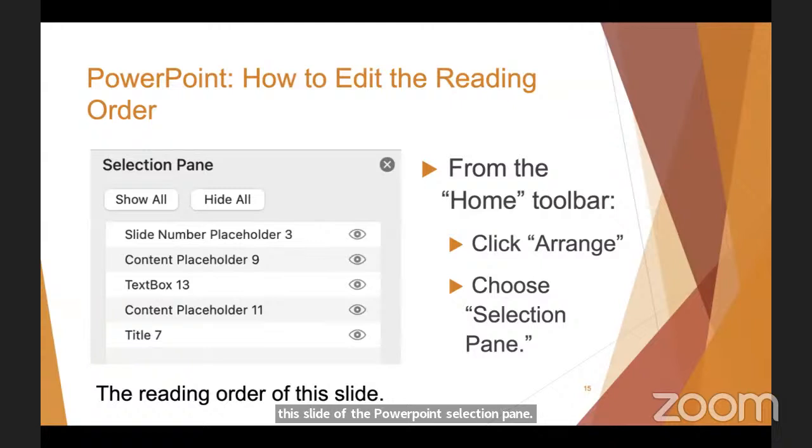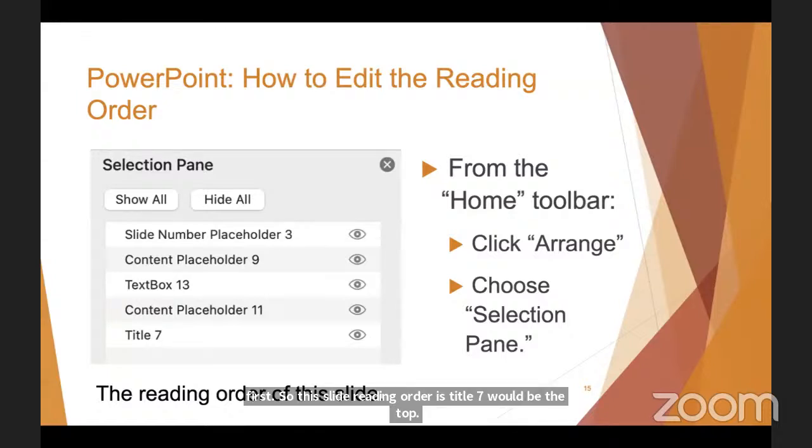It is a column with black text and gray and white lines. The reading order in PowerPoint is organized from bottom to the top, with the item lowest in the list read first. So this slide reading order is: Title 7 would be the title. Content placeholder 11 is the image.